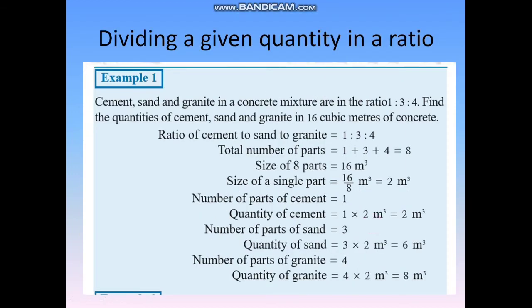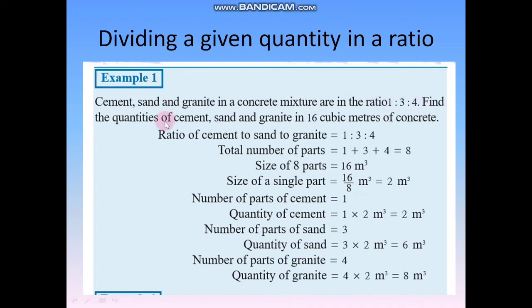Now let's see how to divide a given quantity in a ratio. Let's read out this example. Cement, sand and granite in a concrete mixture are in the ratio 1:3:4.